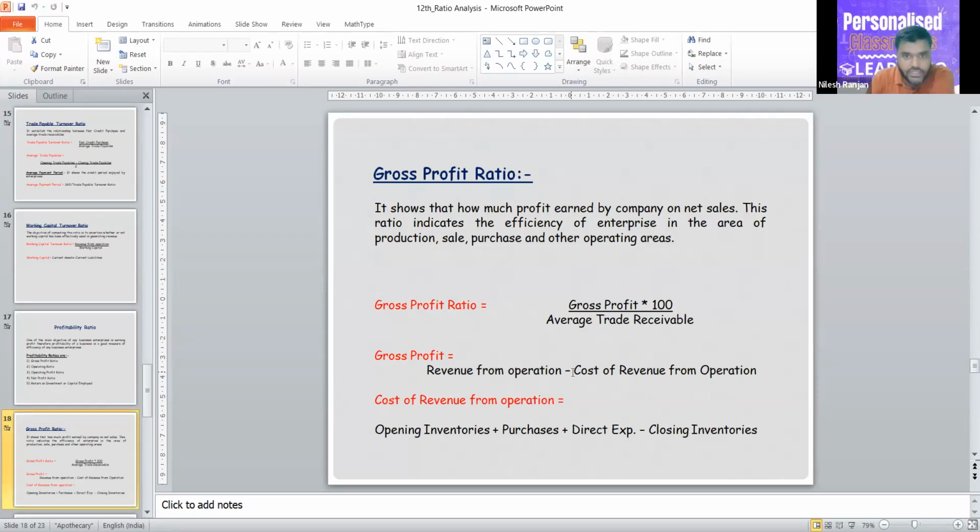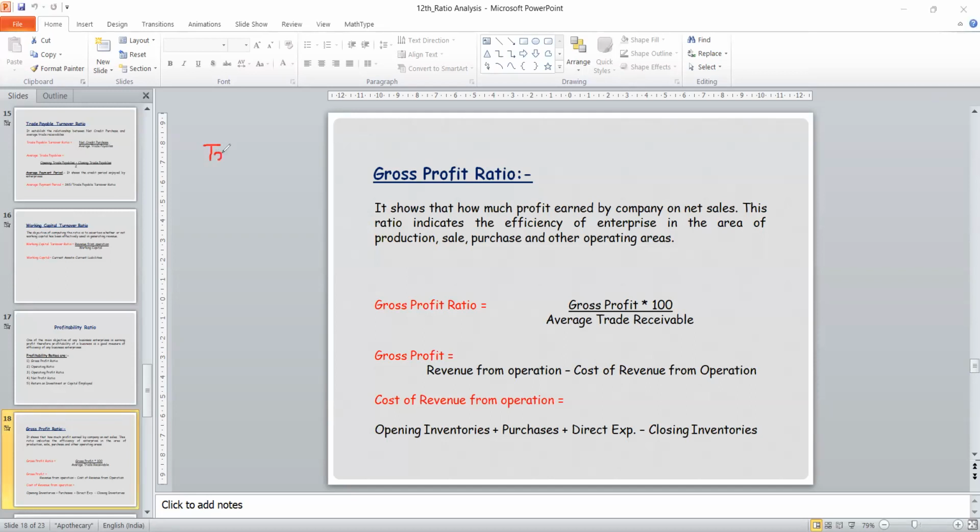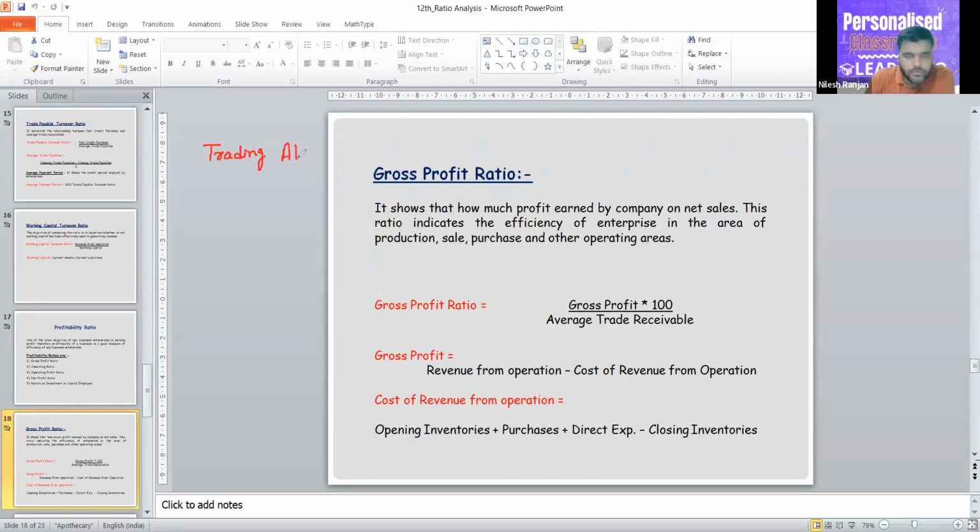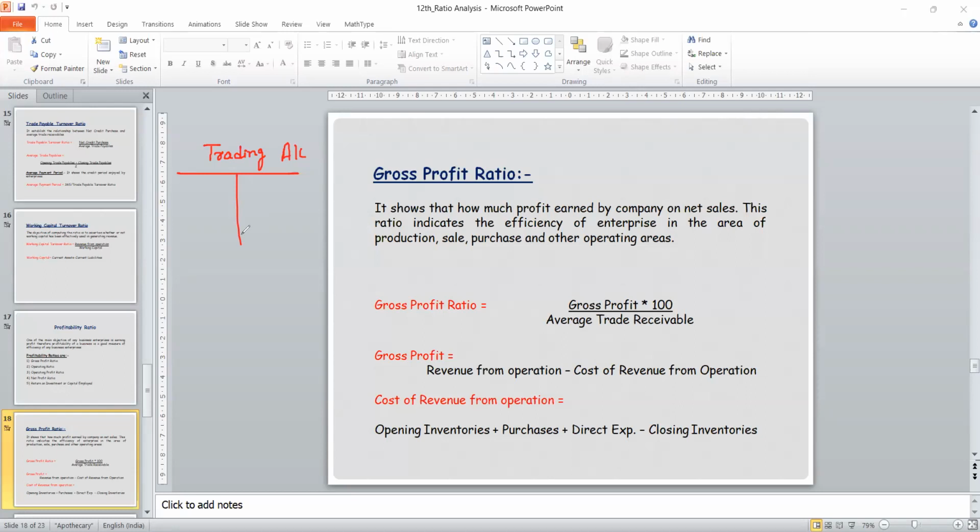What does it mean? If you remember the trading account, we prepare our trading account and calculate gross profit. In the new version of the statement of profit and loss, we don't calculate gross profit.